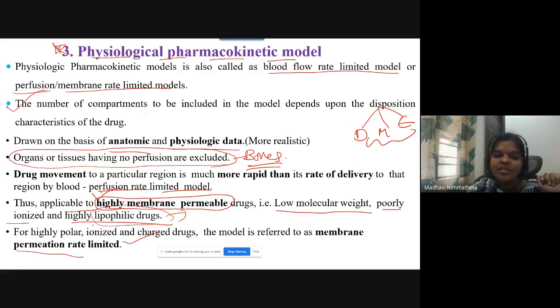Because of the lipids, these drugs are prone to permeate in the case of highly membrane permeable. And in the case of membrane permeation rate limited, the drugs which show charge, or which are polar in nature, or which are ionizable, are said to be permeation rate limited.